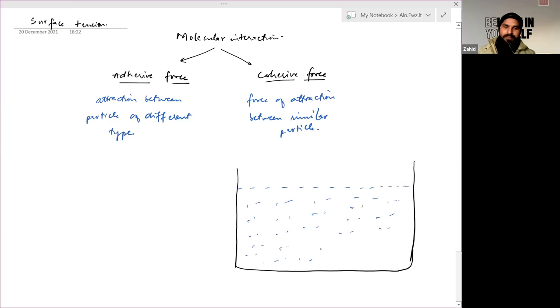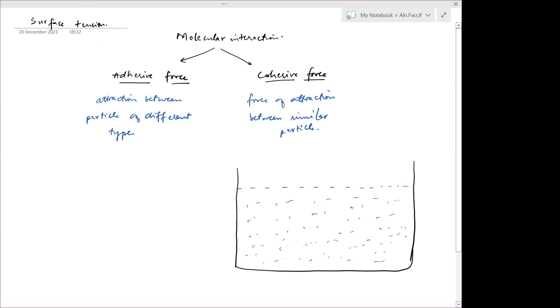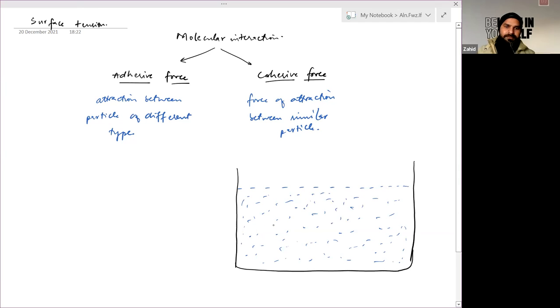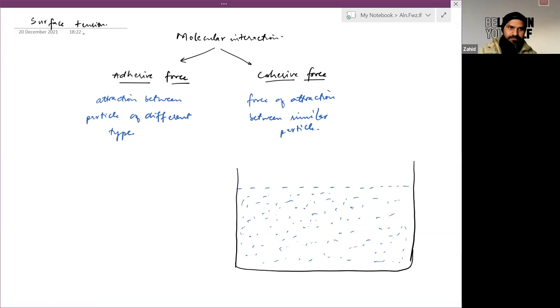If you have any idea. The force on the topmost surface of the liquid. Okay, which force? Okay, let me explain.